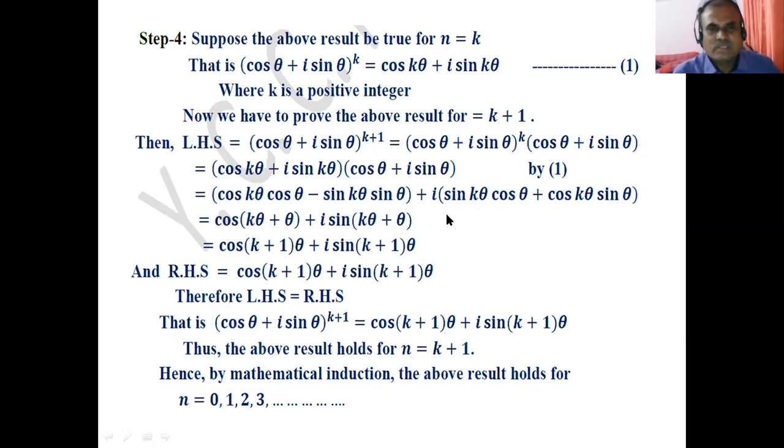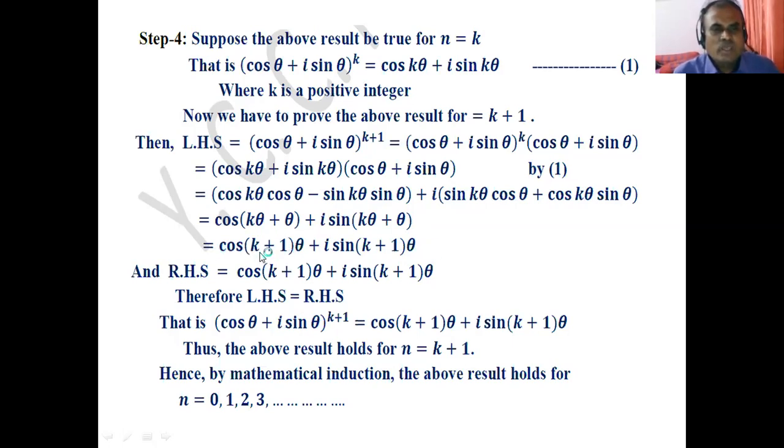For the imaginary part, this is A, this is B. We know the trigonometric formula sin A cos B plus cos A sin B is equal to sin of A plus B. So we use this formula here: i times sin of k theta plus theta. Now theta is common, so it is equal to cos of (k plus 1) theta plus i sin of (k plus 1) theta.